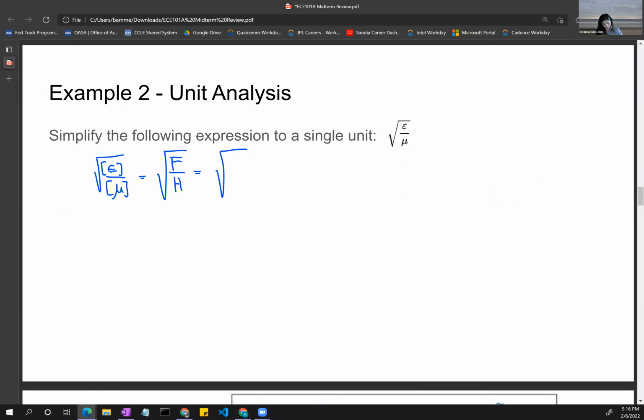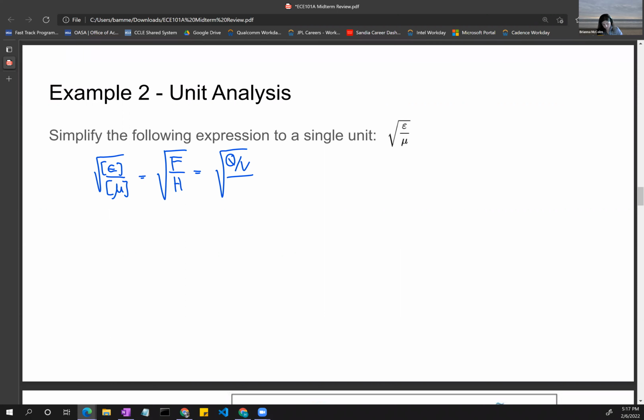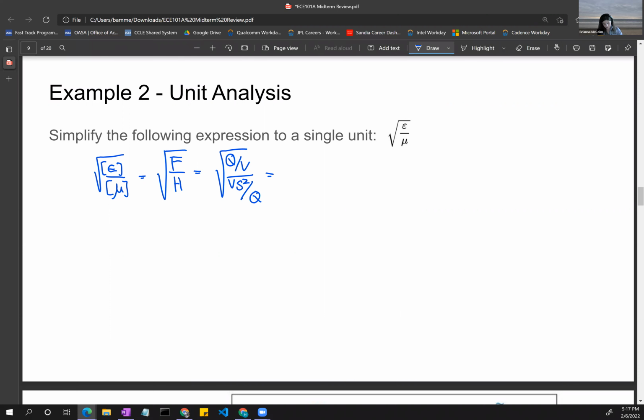Okay, so remembering the definition of farads is charge over voltage, and the definition of henries as volt-second squared over charge, we can simplify this down to a single unit like this.